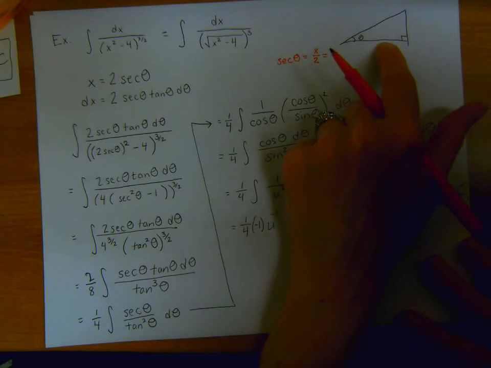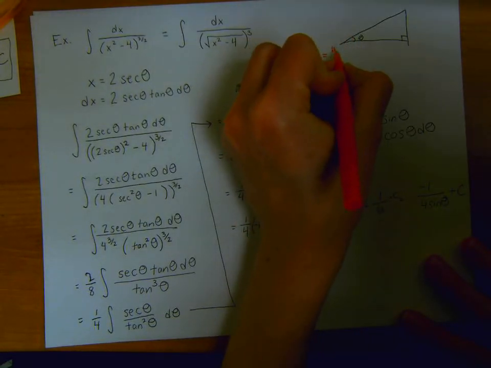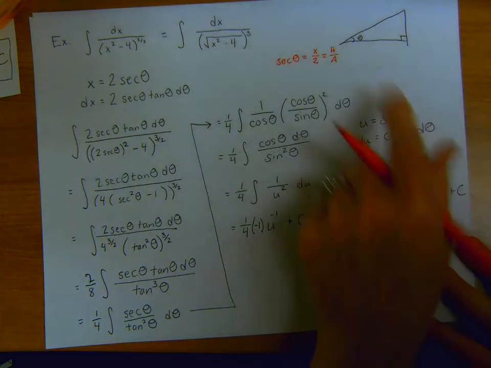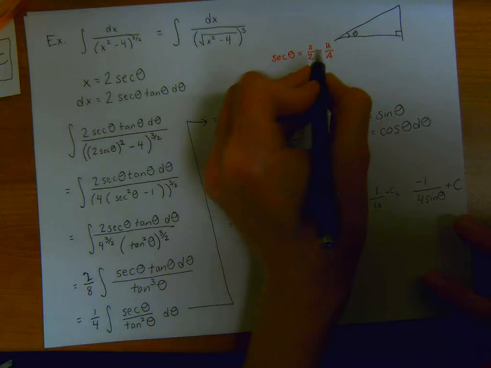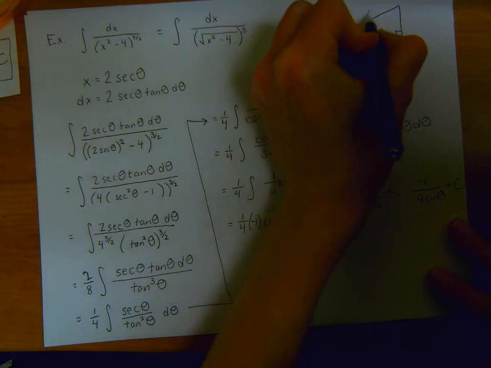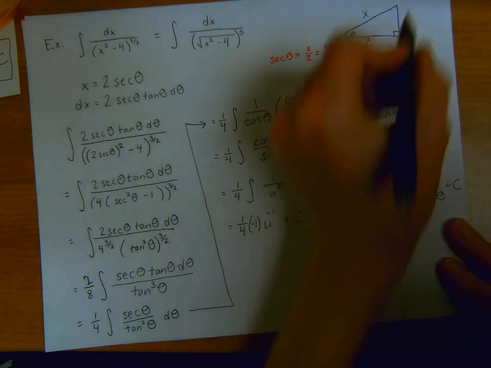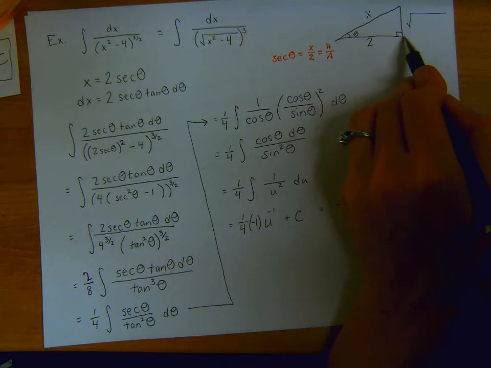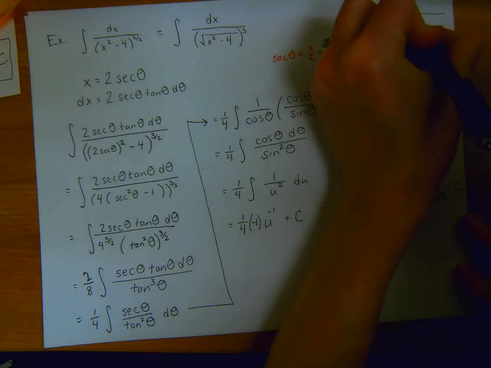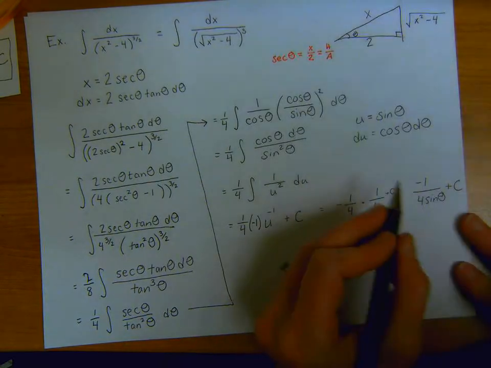Cosine is adjacent over hypotenuse, so secant is hypotenuse over adjacent. So looking at this angle theta, I'm going to let my hypotenuse be x and the adjacent side be 2, and that means that by Pythagorean theorem I can solve and find what the length of this side is, which is the hypotenuse squared minus the other side squared, square rooted.